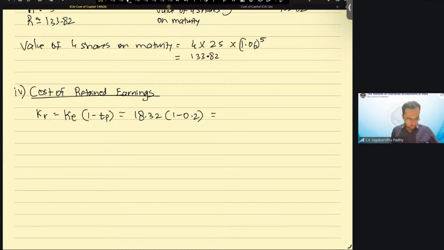So that's 18.32 into 0.8, which is 14.66%. So equity shareholders are going to have a cost of reserves as 14.66%. So cost of reserves is 18.32 into 1 minus 0.2, which is 14.66%.